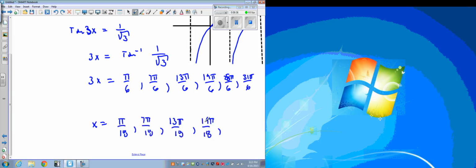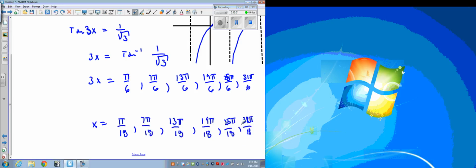See, and if I do this one's going to be 25 pi over 18, and then 31 pi over 18. See, and if I go 6 more here, I'd be beyond 2 pi here, right?